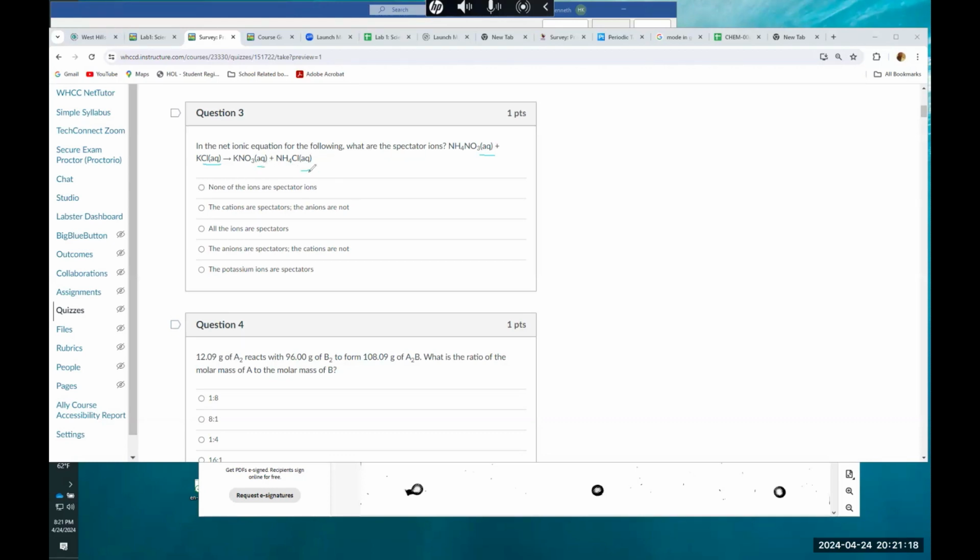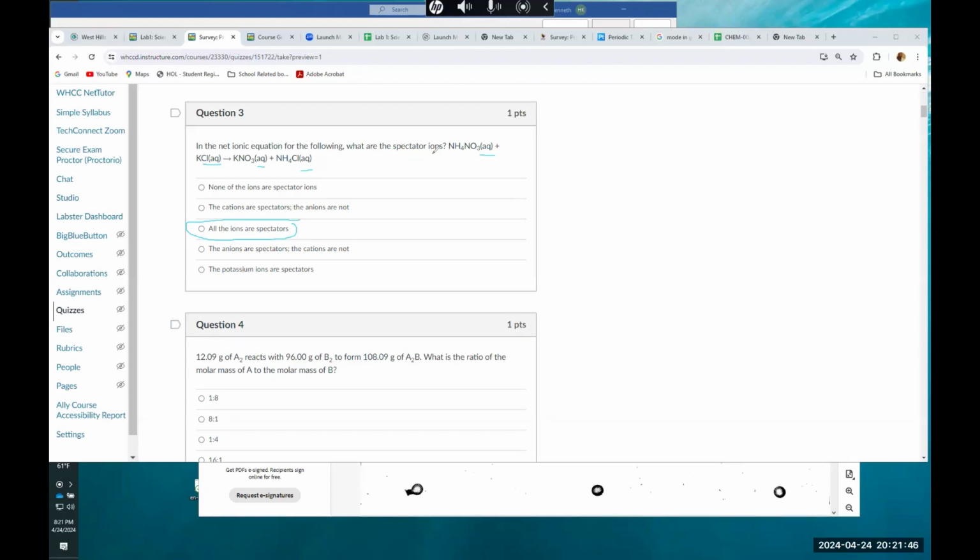There has to be either a solid, liquid, or gas. So something either has to become a gas, or become a precipitate, which is a solid, or become a liquid. So, quick way, you don't have to do anything in that case.